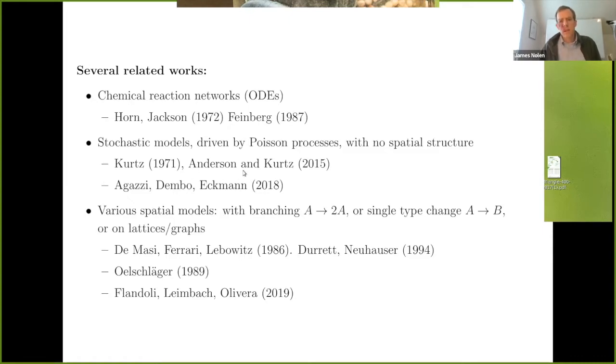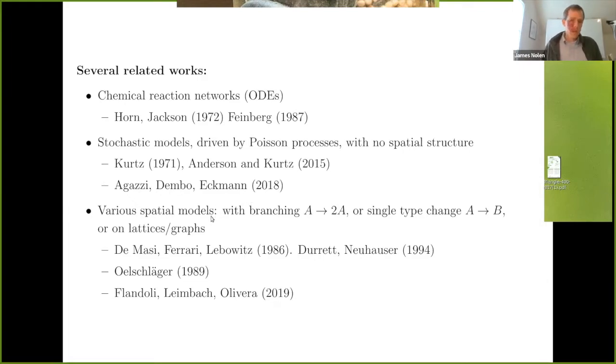There's a nice recent book surveying a lot of work that's been done in this area by Dave Anderson and Tom Kurtz. And then more recently, there's also been work on large deviations for these Poisson-driven models, but again, without any spatial structure.